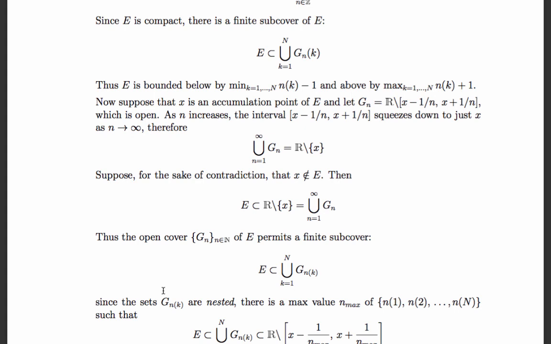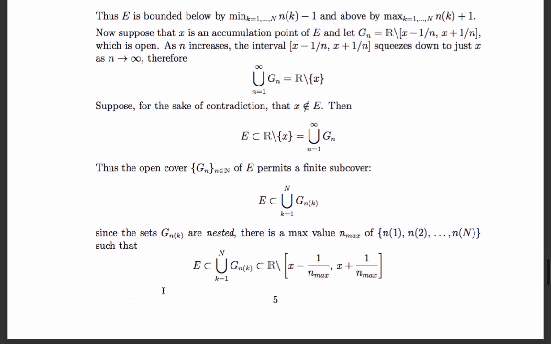But notice that G_n is nested. In other words, there's a max value of the subsets n that I take, right? I take finitely many values of n, and among those values of n, there's a max value.